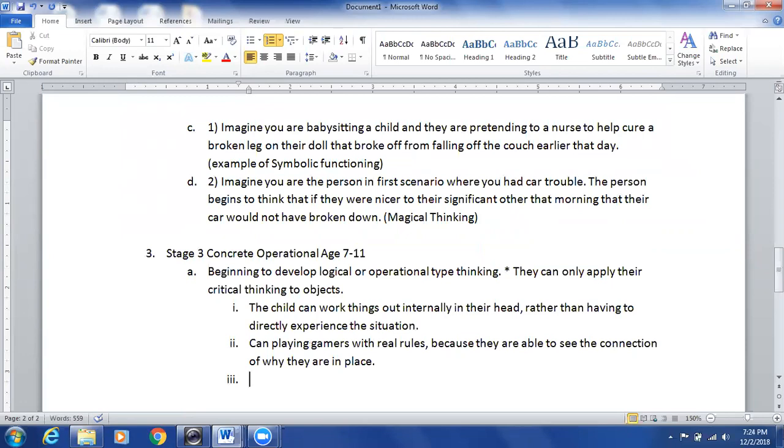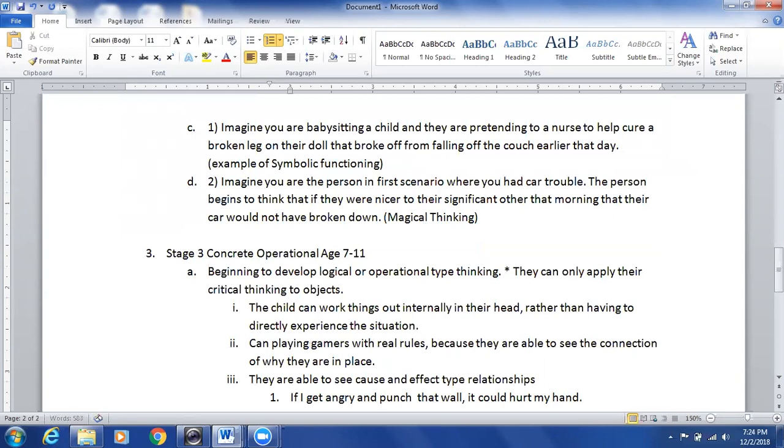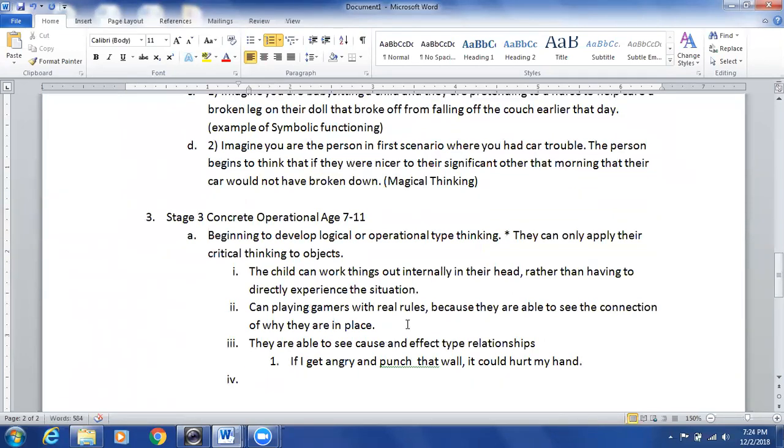And with that, they are able to see cause and effect type relationships, i.e., if I get angry and punch that wall, it could hurt my hand. Before, as a kid, you wouldn't really think that wall's super hard, so you'd just punch the wall and lose the function in your hand.